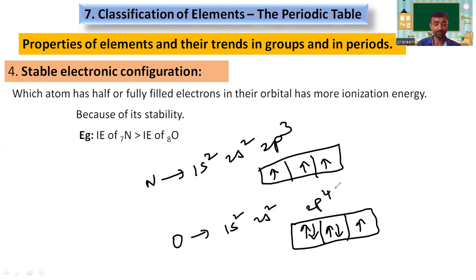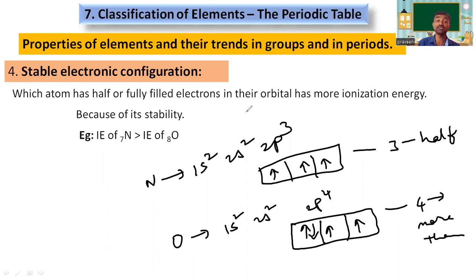Nitrogen has 3, which is half filled; oxygen has 4, which is more than half filled. This is the reason stable electronic configuration also affects ionization energy. So the ionization energy required to remove an electron from nitrogen is greater compared with oxygen.